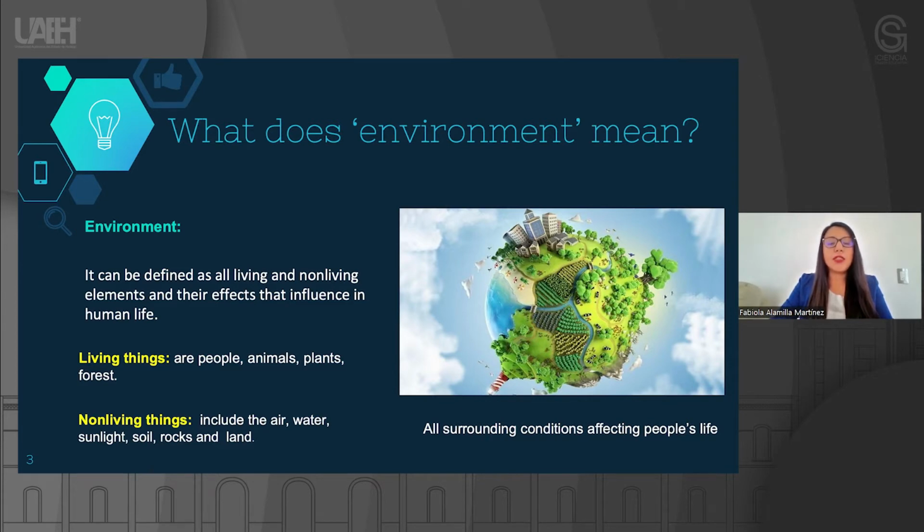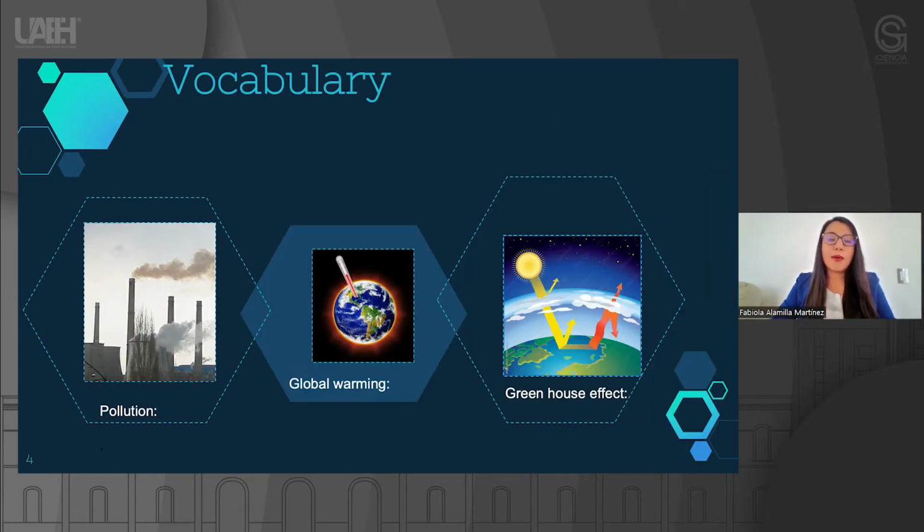We are going to continue identifying some vocabulary mainly used when we're talking about the environment and environmental problems. Let's check the following vocabulary. Number one is pollution. You already know that we have a lot of pollution that affects our environment. Global warming is a rise in the temperature of our world. Also the greenhouse effect, which could affect our lives.